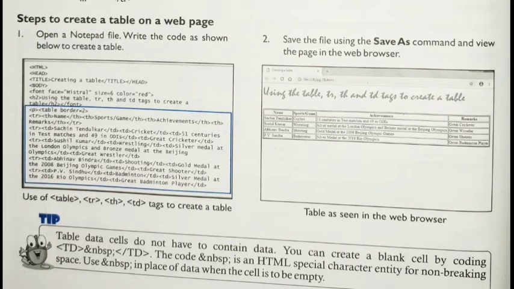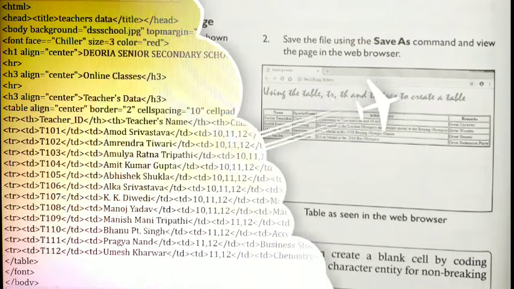Well, after using the TH tag we use the TD tag, and the TD tag is used for defining table data. We insert data into the table with the help of the TD tag, and after that we save our web page.